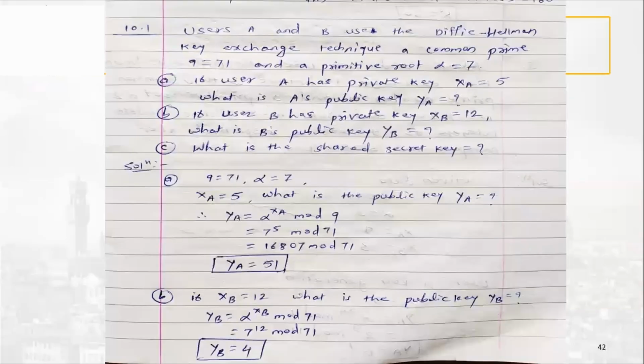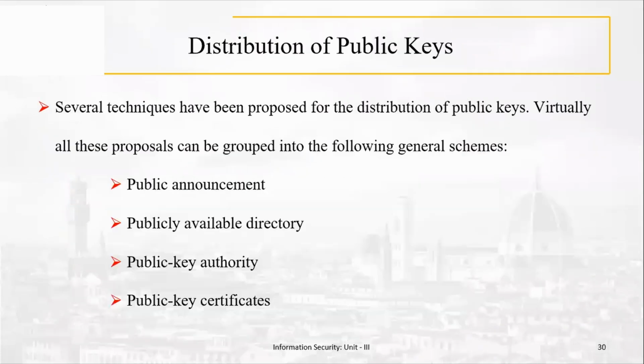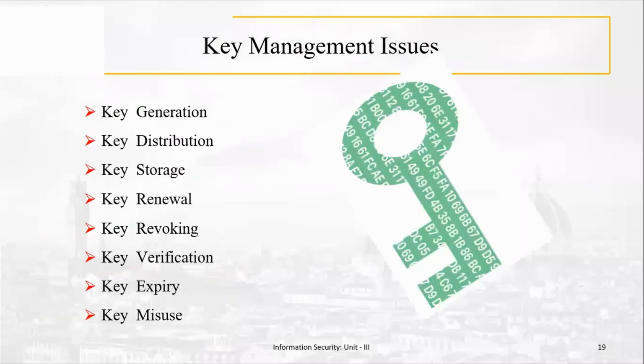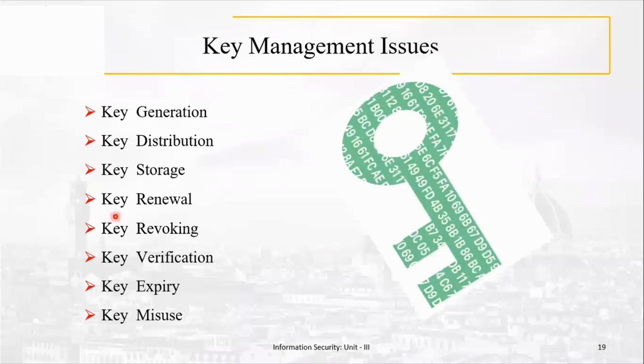And there are a few more terminologies that I want to cover. The types of keys: public key, private key, permanent key, session key, one-time key. These are the types of keys that you look at. Then what are the issues that we are talking about in key management? That is key generation, how the key generation takes place, how do we distribute the keys.